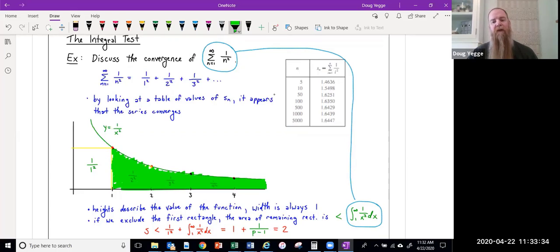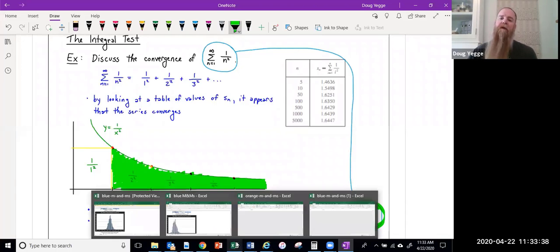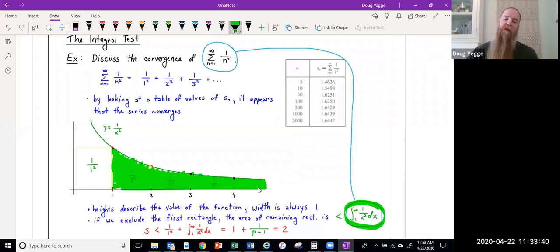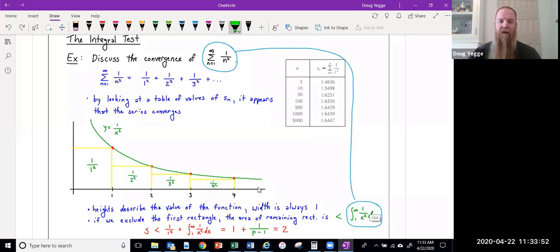Now, if we compute this integral down here, then we would notice that it converges. We're not going to do that yet, but basically, if we could show that the integral converges, then let's look at how I can guarantee that the sequence must also converge.